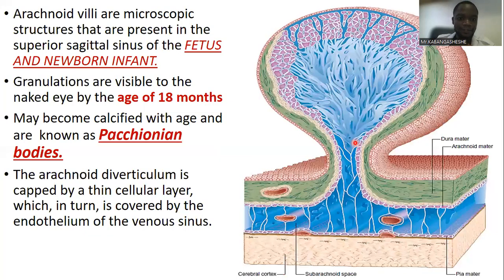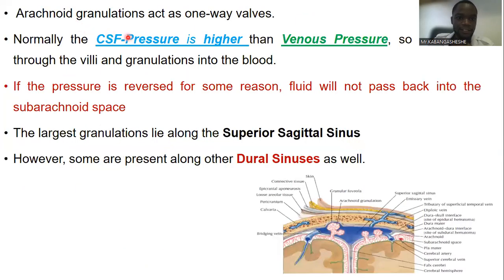Yeah, I think I have that somewhere. Yeah, here. CSF pressure is greater than venous circulation. So that's why flow of cerebrospinal fluid is usually in one direction, from the arachnoid space into the sagittal sinuses, or simply the dura sinuses.